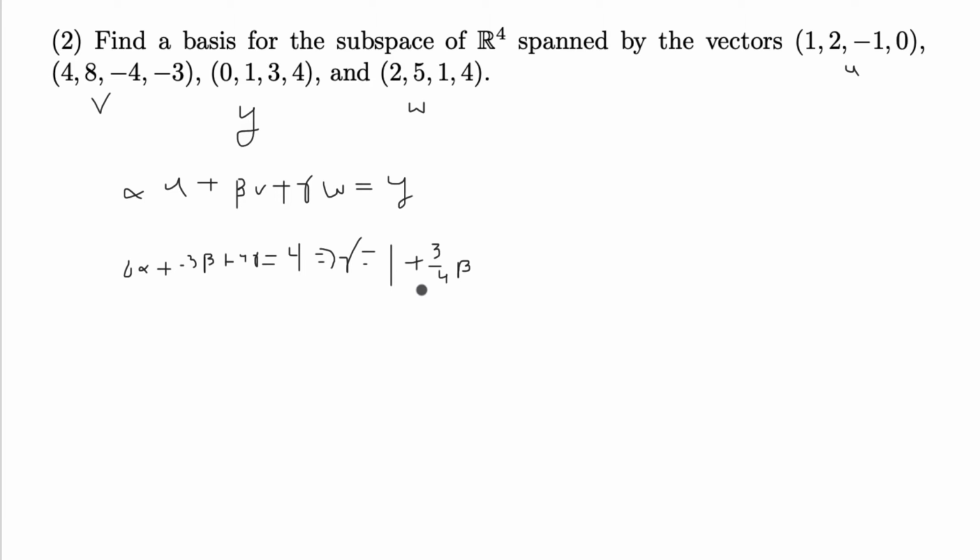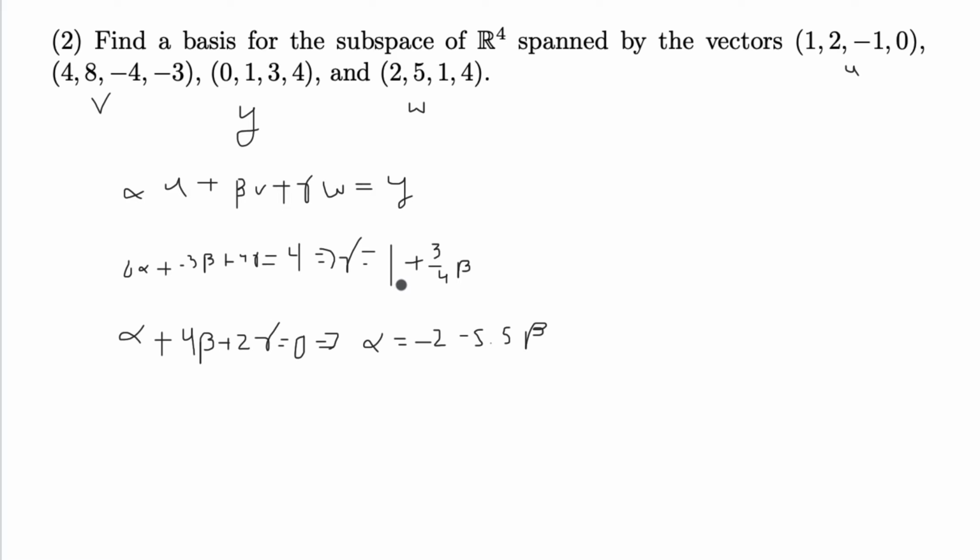So let's look at another equation. Let's look at the first line, and we get the equation alpha plus 4 beta plus 2 gamma equals 0. If you plug in our definition of gamma, this implies that we can write alpha as minus 2 minus 5.5 beta.